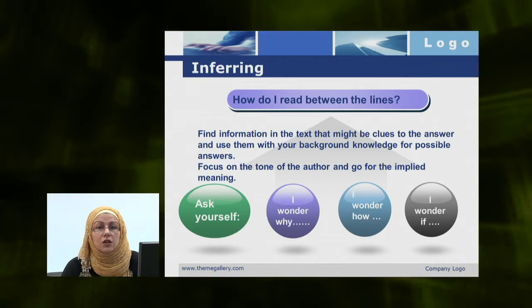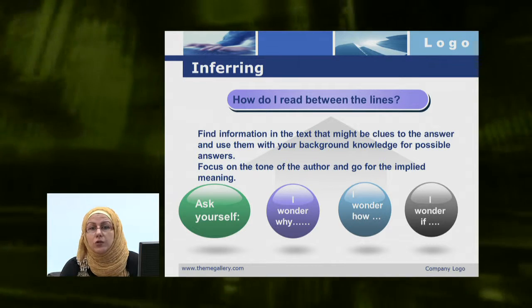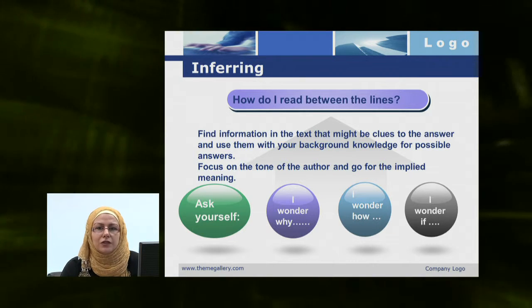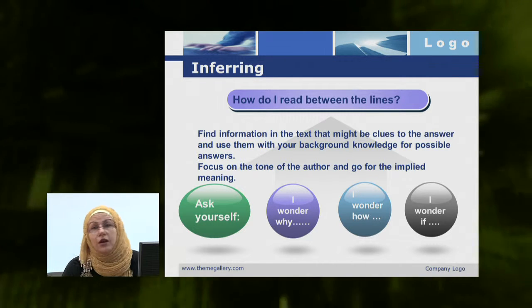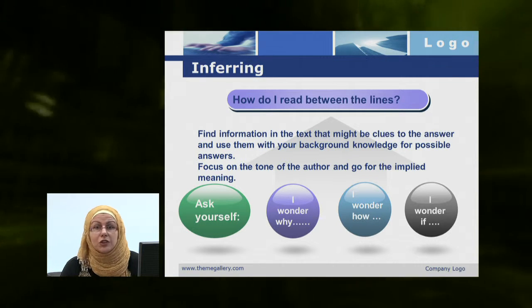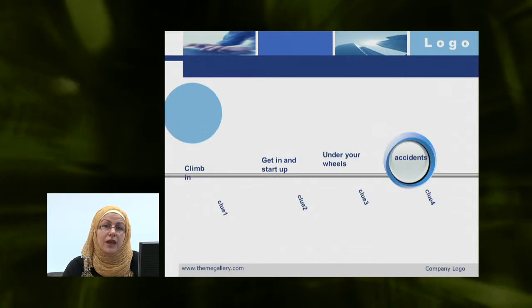I wonder why the author did not mention that specific point. I wonder how, you can think about the way the writer might deliver this information in a more explicit way. And I wonder if, you might think about alternatives, other possibilities.